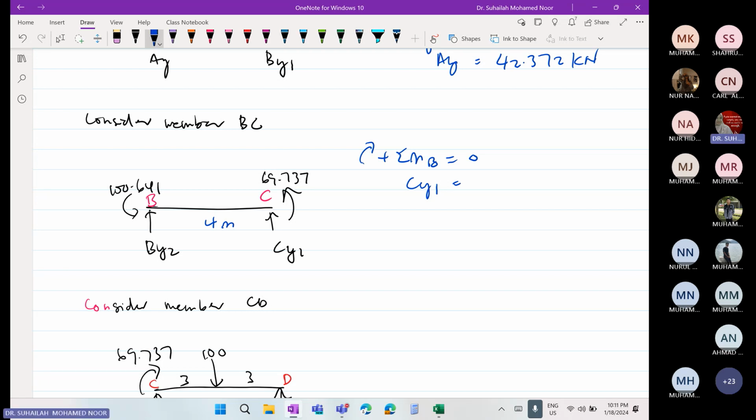The answer is negative. What is the answer? Negative 2.26.